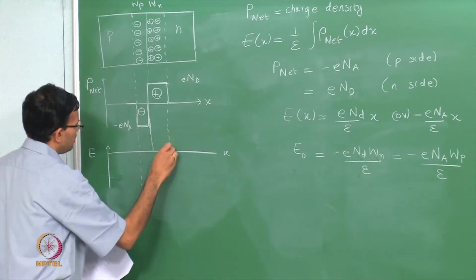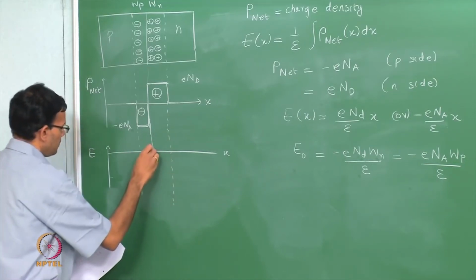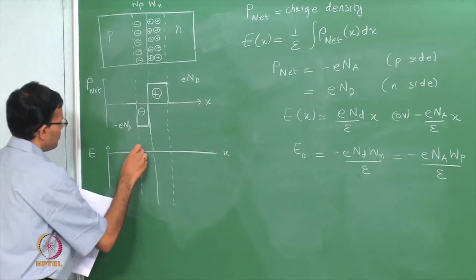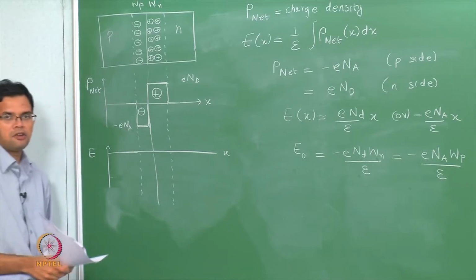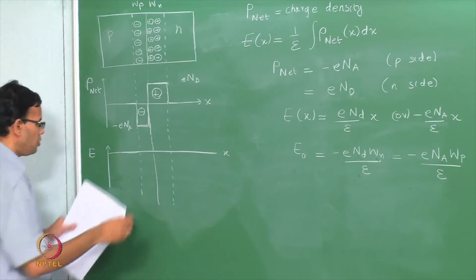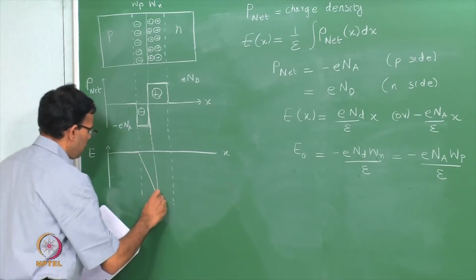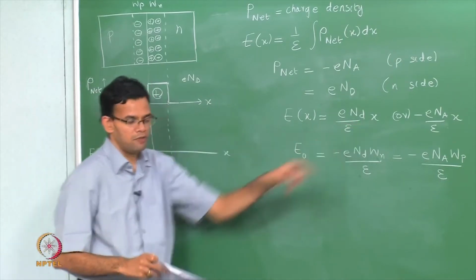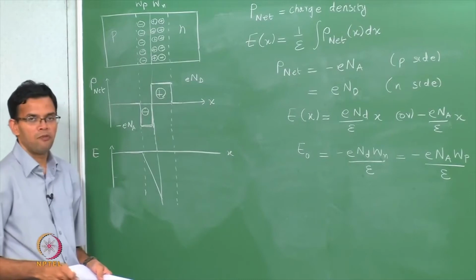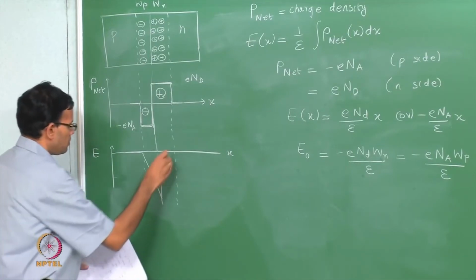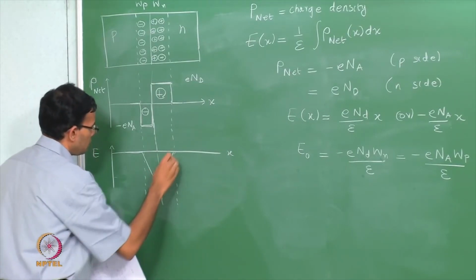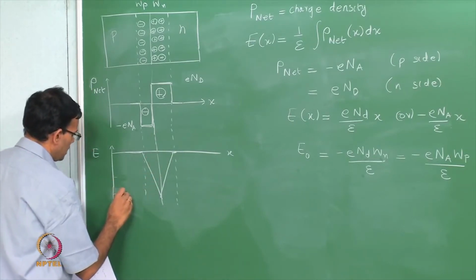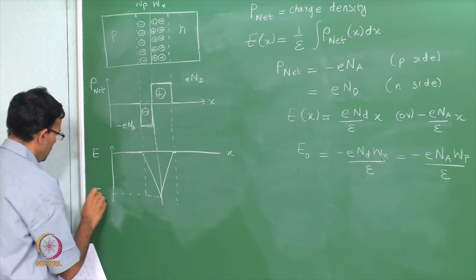This is the P side, this is the N side. Outside the depletion region, the electric field is 0, but within the depletion region, E is a linear function of distance and the maximum value is E naught.